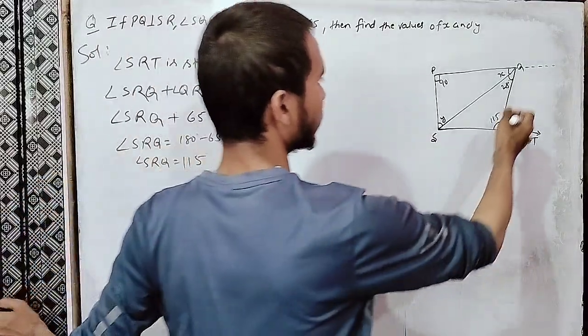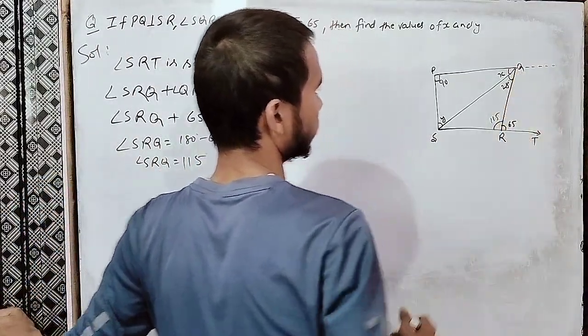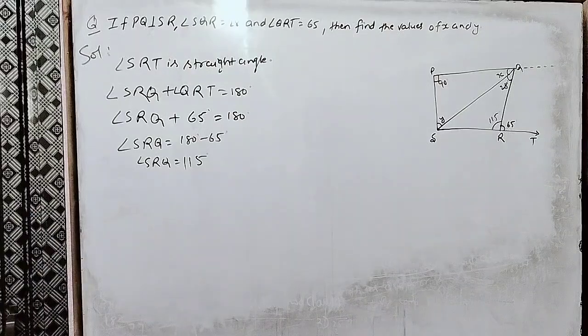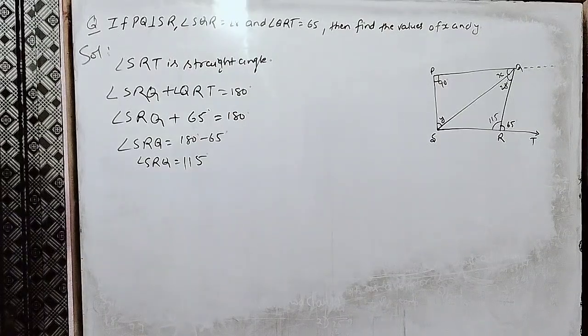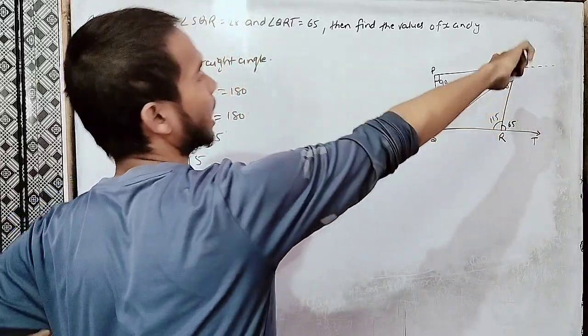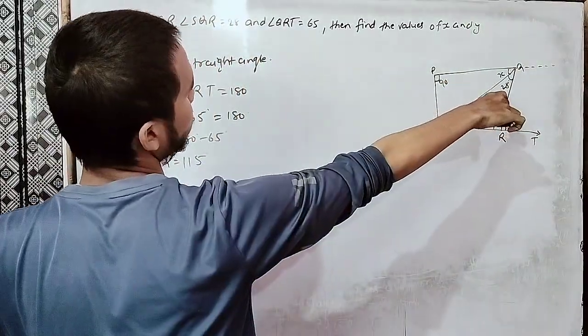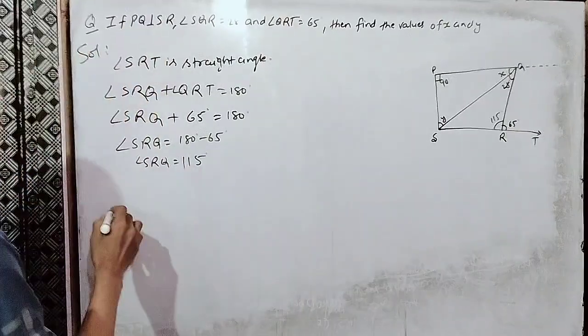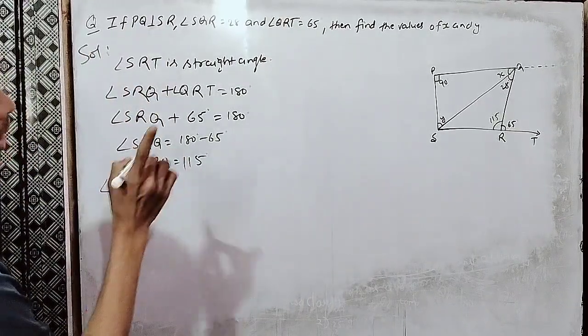We have two options: first, taking alternate interior angles, or second, taking co-interior angles. Here I am taking one option.